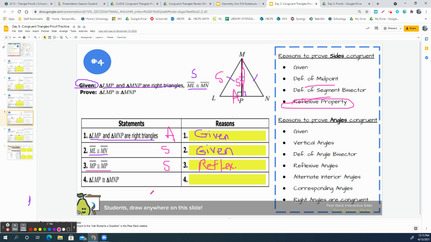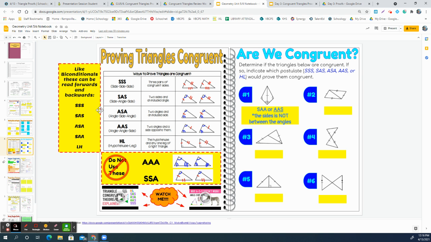What do I have to remember? What are my 5 choices from slide 6? Can't be side angle side because the angle's not in the middle. Can't be side side side because I don't have a third side. Can't be either one of these two because I don't have 2 angles.